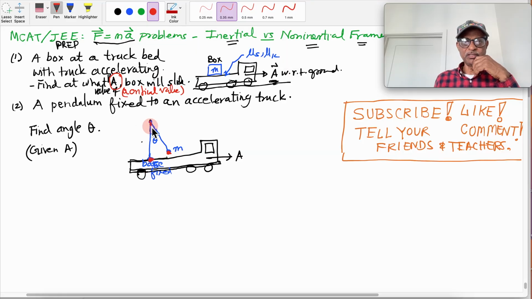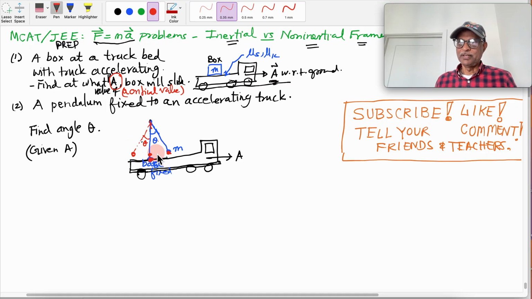Of course, initially the pendulum is down here, but as the truck goes, maybe the pendulum is here or here. I'm not going to tell you which; it's at some angle theta. It's not going to swing back and forth.